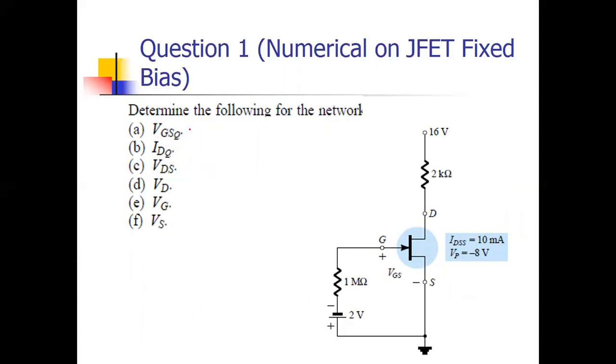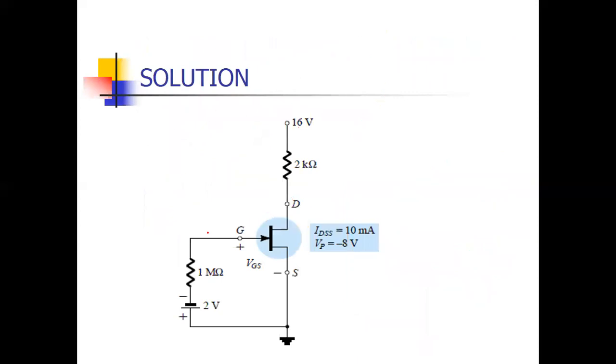What we have to do: find VGS from the left KVL, ID from the Shockley equation, VDS from the right KVL, VD equals VDS because the source is grounded, VG equals VGS, and VS is 0. So in this way we have solved numerical number 1.